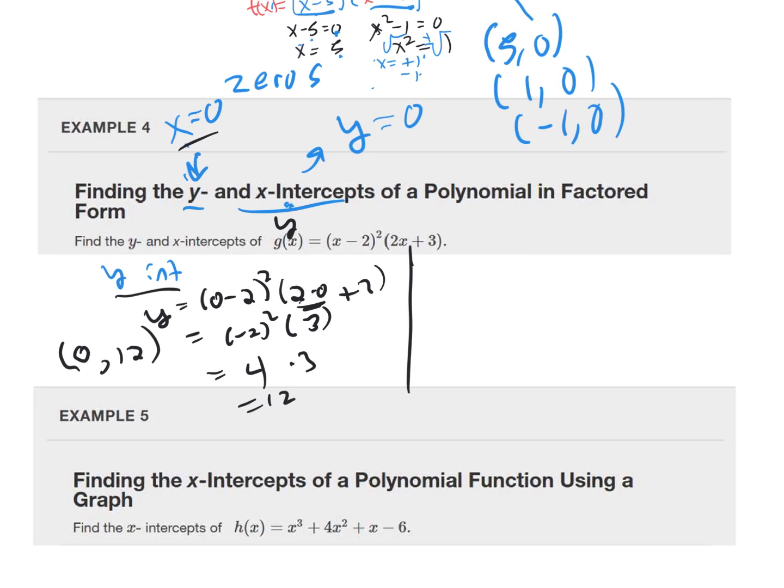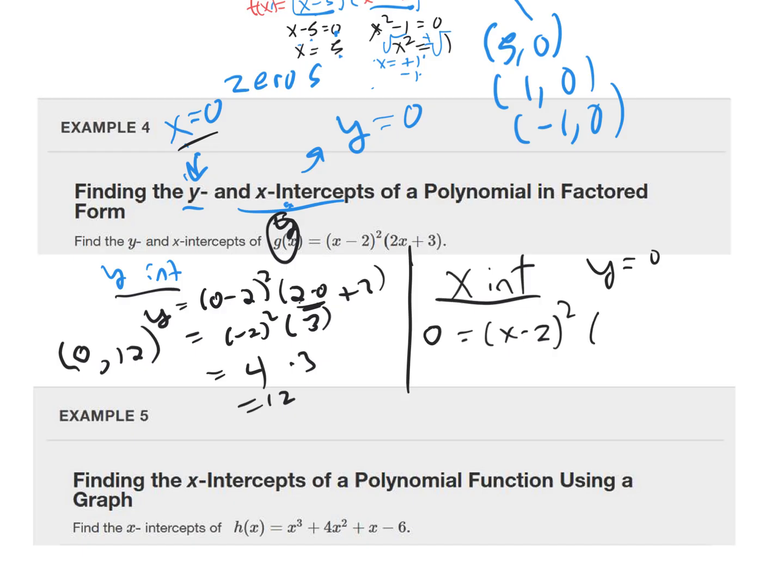X-intercepts means the y has to be 0, so that means this becomes 0. So 0 equals x minus 2 all squared, 2x plus 3 not squared. These are factored.